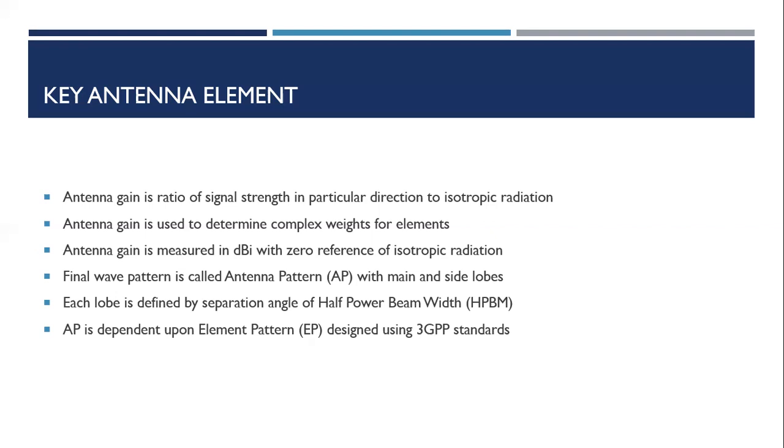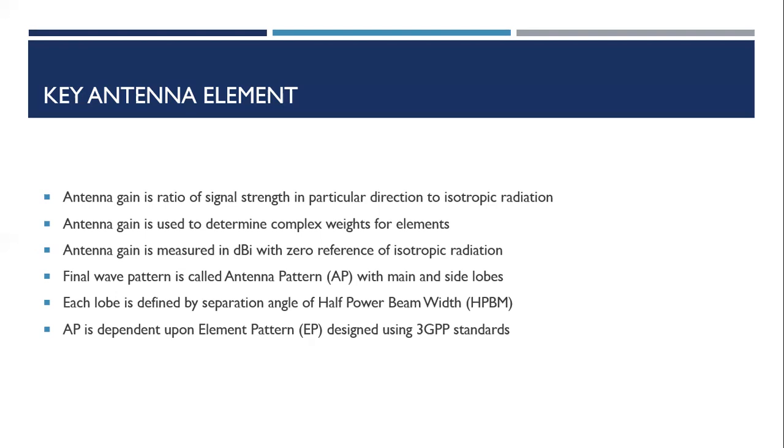This defines how narrow or how wide the beam will be, and as a result this will define how far the beam would be able to propagate, or how many users it would be able to serve in a specific region. So HPBW is a parameter that we will be discussing throughout the slide.